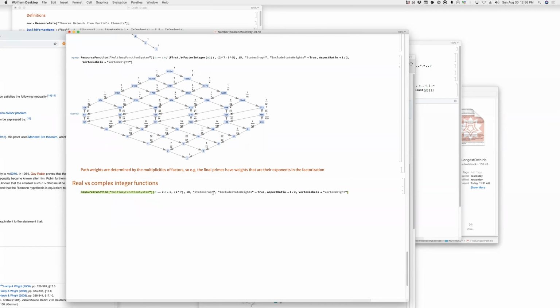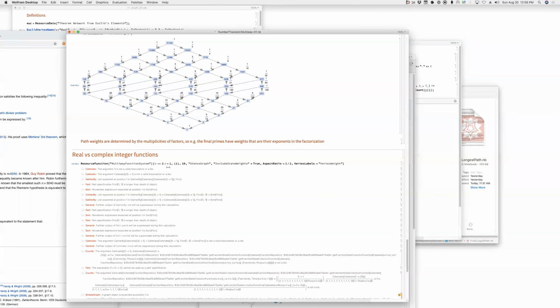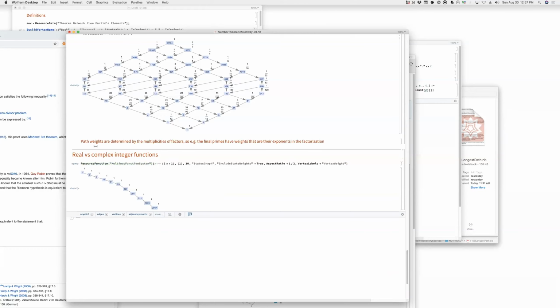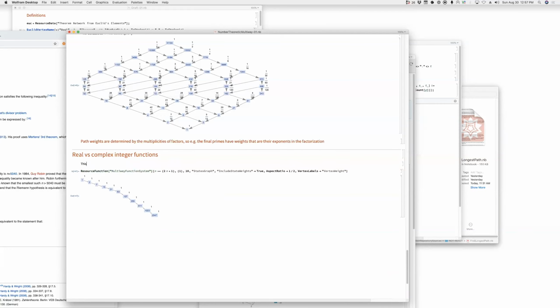It's just 2n plus 1, start with, let's say, 1, and go for 10 steps. Oh, I need to make that a list. Okay, this is a pure real function iteration. And so you can think of this as being like the analog of an addition operation or a multiplication operation or some other operation that preserves algebraic closure over the integers.